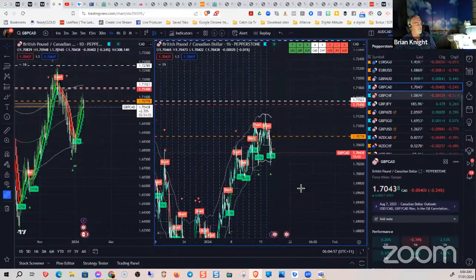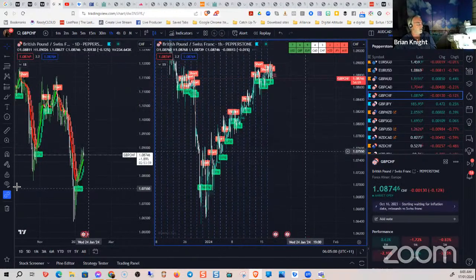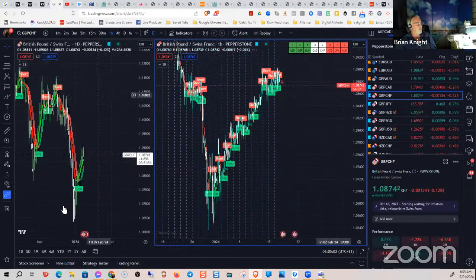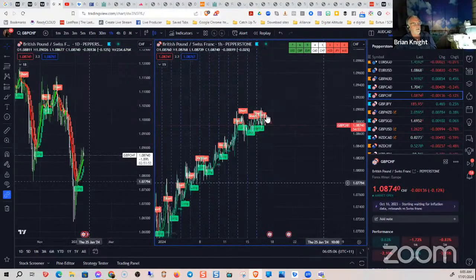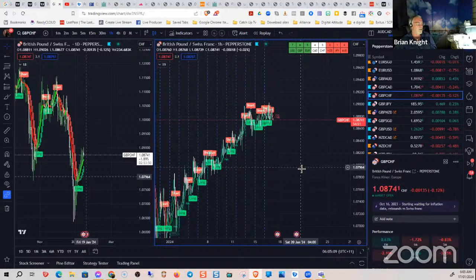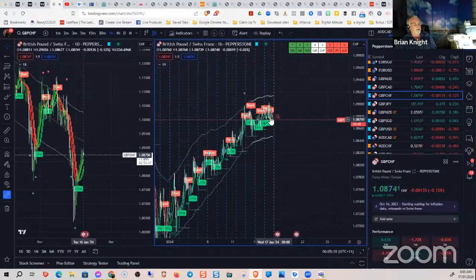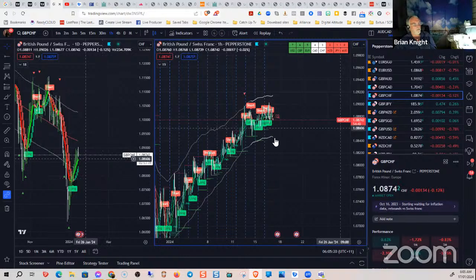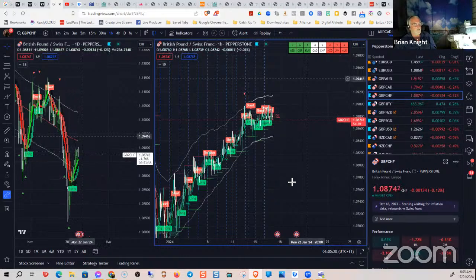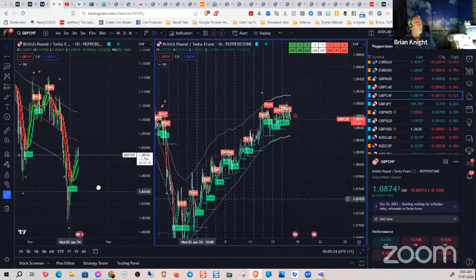GBP CHF. Oh, gosh, look at that. Now, this, I think, has further to go. It has gone a little sideways in the last couple of days, which I don't particularly like. But I do think you can see that little pullback here, which I think is what we've got before we get into a buy on it.